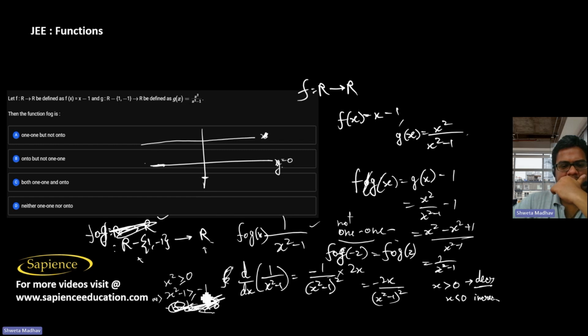So x square minus 1 will be greater than or equal to minus 1 always. It can be 0 also. So it can go from minus 1 to infinity. So the whole real number set won't be the range. So it is neither 1-1 nor onto. So option D is the correct answer.